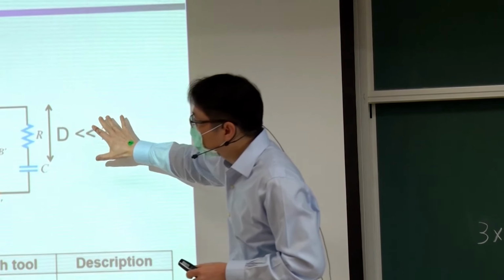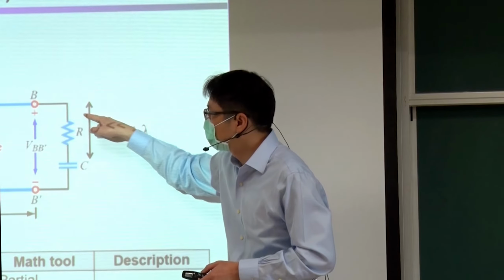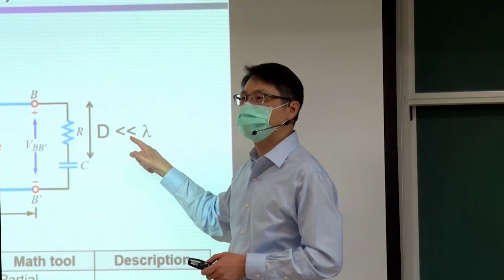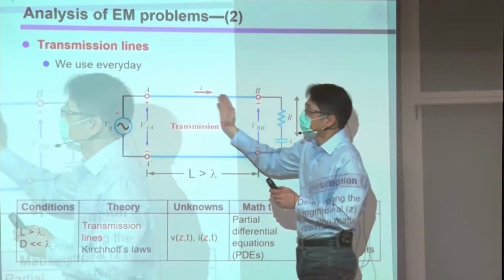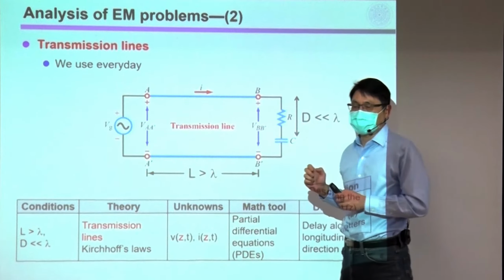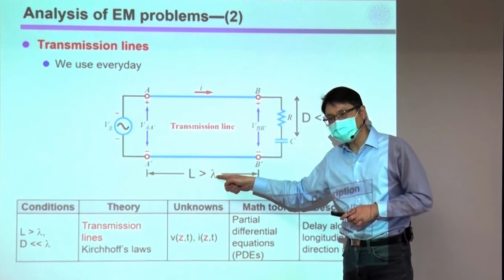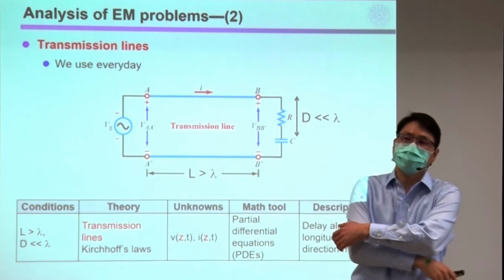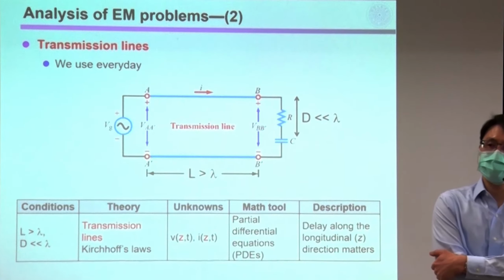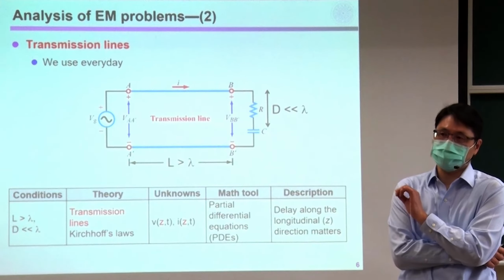So now, in certain case, if the device dimension is still very small as compared to the wavelength, but the delivery length is quite long, greater than the wavelength. Do you know how to analyze this kind of problem? You don't, because you don't have the adequate tool in the past.